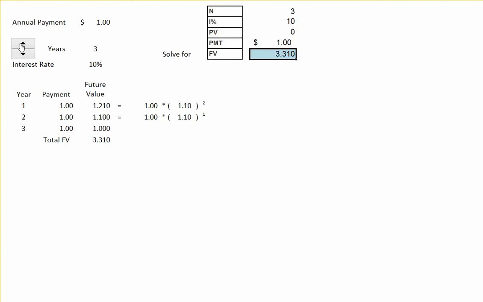If we were to increase the number of years to 4, it would be our 4-year future value annuity factor, and again, 10% and 4 years. And again, notice our future value factor would be $4.641. Let's go ahead and look at a future value factor table for an annuity.